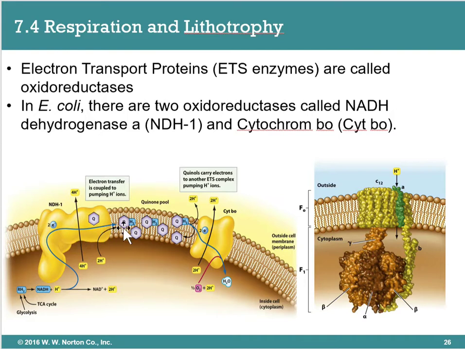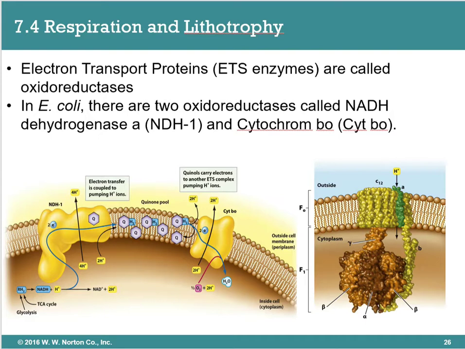I know that was a little nitty-gritty as to what molecules are being used, but I really just want you to know the names of its proteins and know the fact that it uses two different enzymes rather than our enzymes. So just be able to tell me, what are those two electron transport proteins? For E. coli, it's NADH1 and then SIBO.